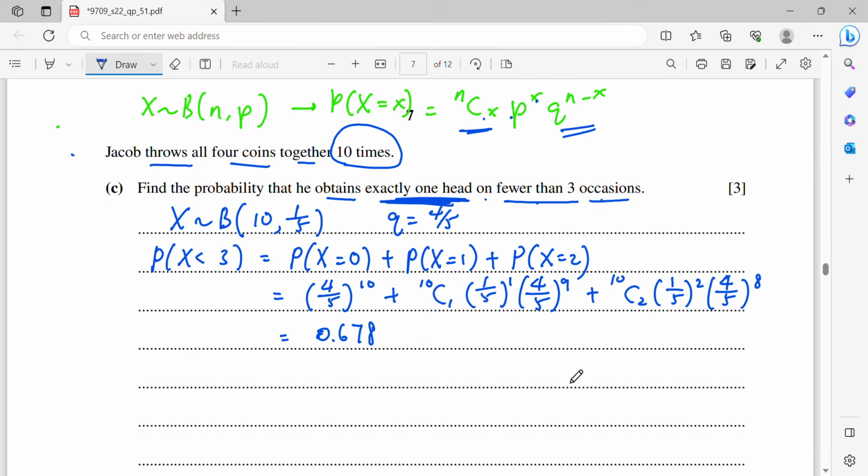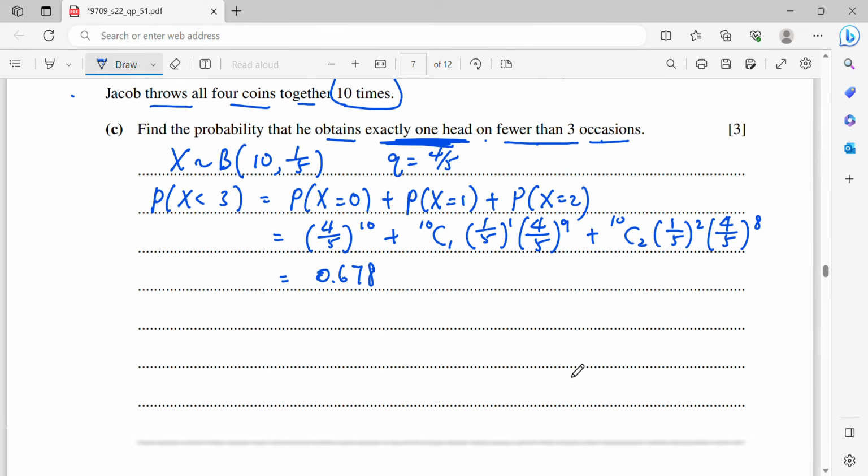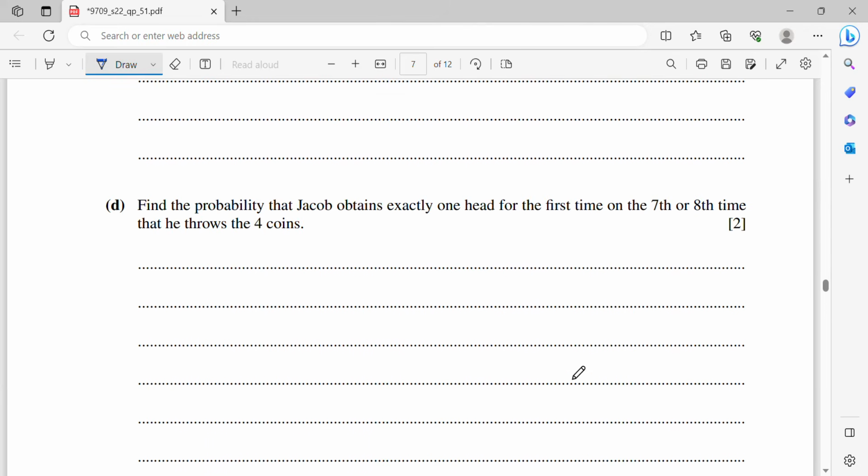Okay, so that's all for the solution of this question C. Now D, find the probability that Jacob obtains exactly one head for the first time on the 7th or 8th time he throws the 4 coins. Okay, this means he has thrown 7 times.